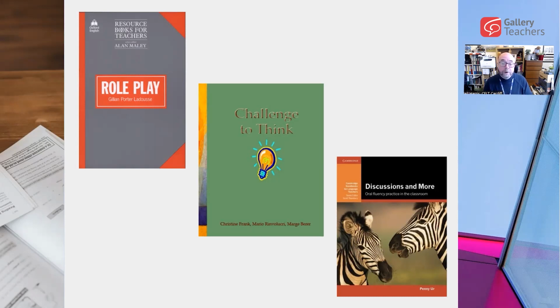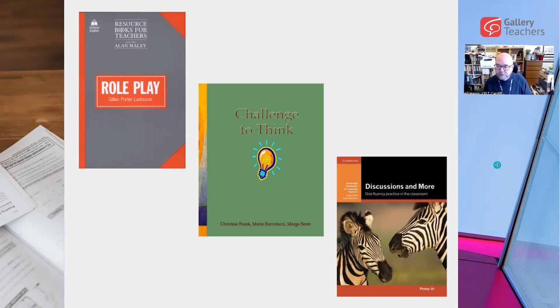These are probably out of date, but you can find them secondhand on the internet. And these have wonderful, ready-to-go lessons, which you can look at, decide if appropriate, and use with your classes, or adapt. And this is the point. We're not reinventing the wheel. We're perhaps just making a few changes to make the wheel meet our students' needs exactly.